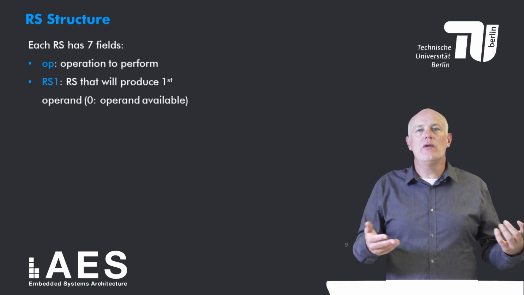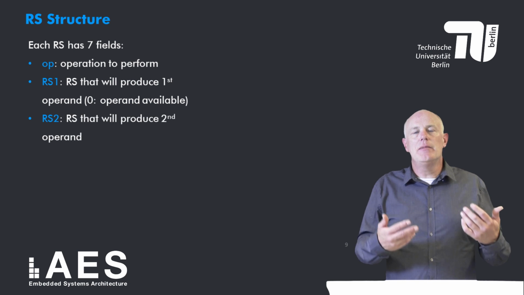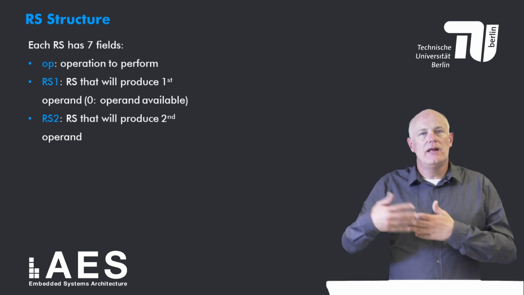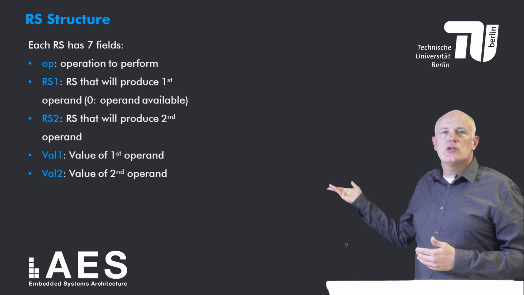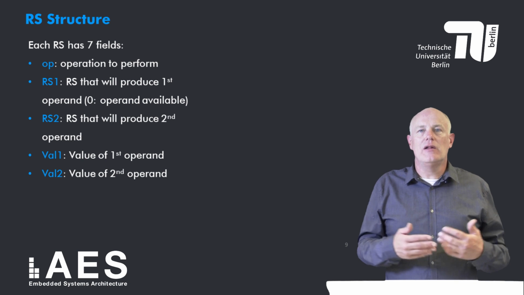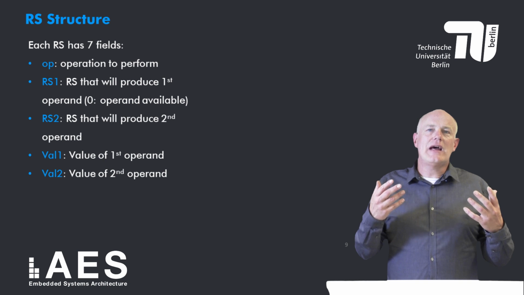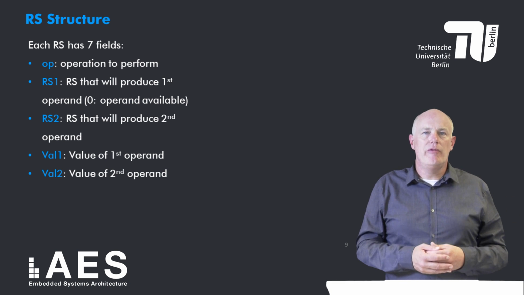A value of 0 indicates that the source operand is already available. Similarly, the RS2 field contains the identifier of the RS that will produce the second operand value. The next 2 fields are val1 and val2, the value of the first and of the second operand. Note that either the RS field or the value field is valid, but not both.